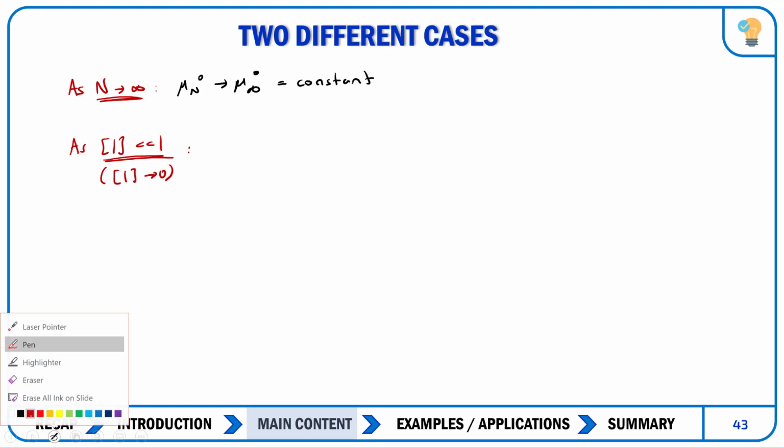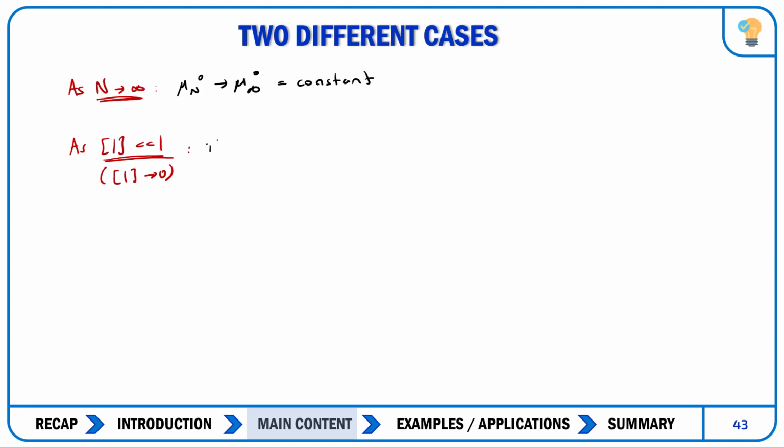Now if that happens, we can say if X1 is sufficiently small, then the concentration of your n-mers is going to be much less than the concentration of a 1-mer. So what does this even mean?